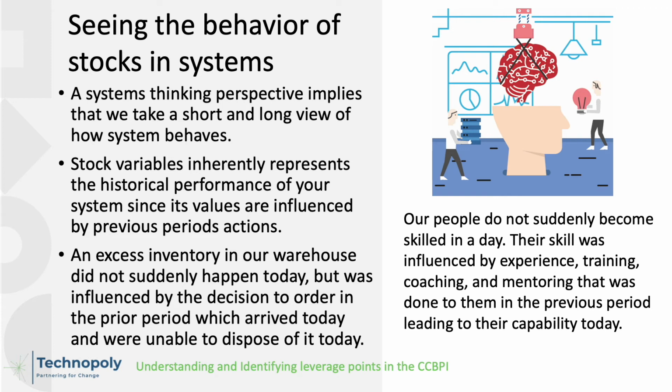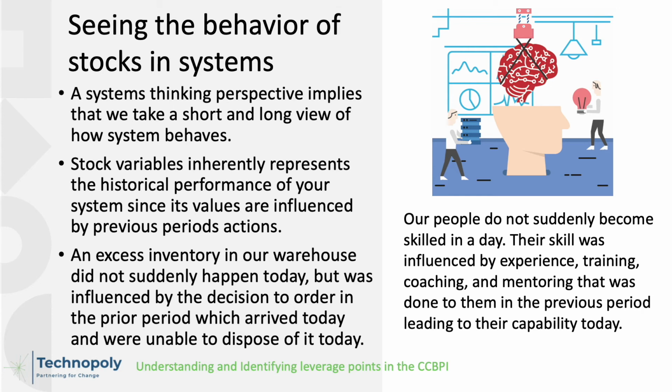When we begin to see stocks in our systems, we now associate the critical behavior of our system to a stock. In systems thinking, when we look at the long or short view of our systems, we often associate that variable to a stock variable.